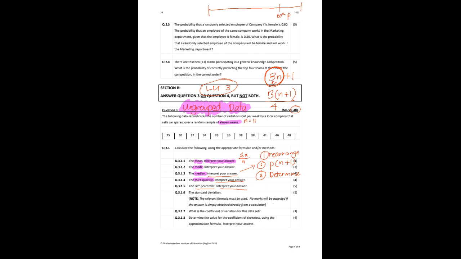And it is telling you that 60% of your data lies below this value, and the remaining 40% will lie above this value. So when you're interpreting it, you'll use that in your interpretation of your 60th percentile. But again, remember, it needs to be in line with the fact that you're looking at the number of radiators sold per week.